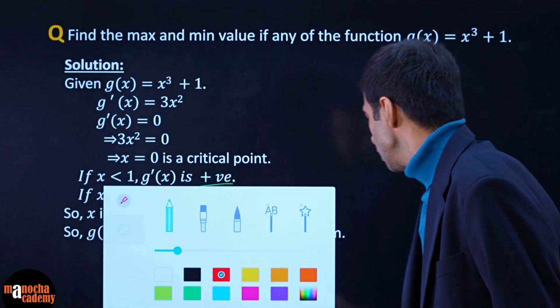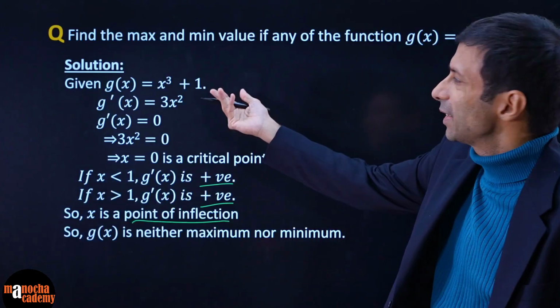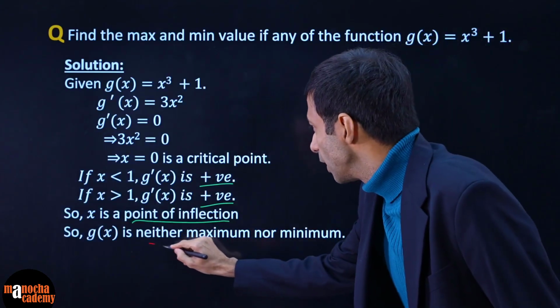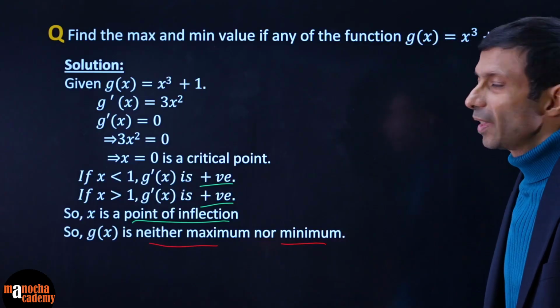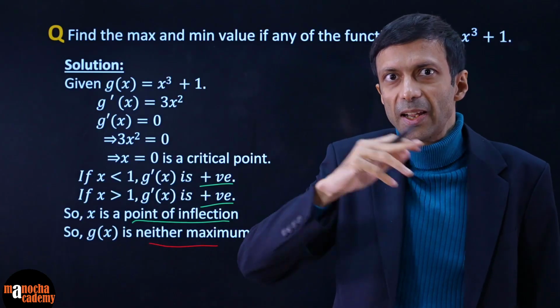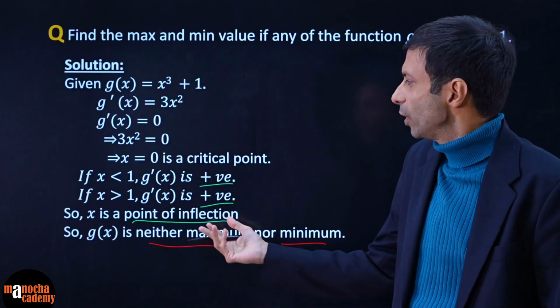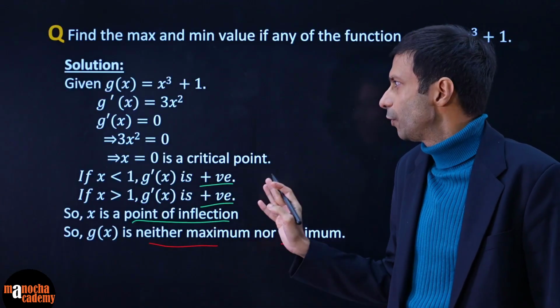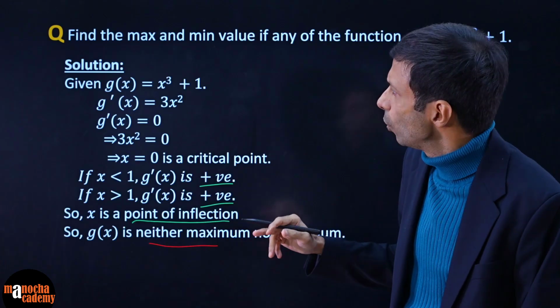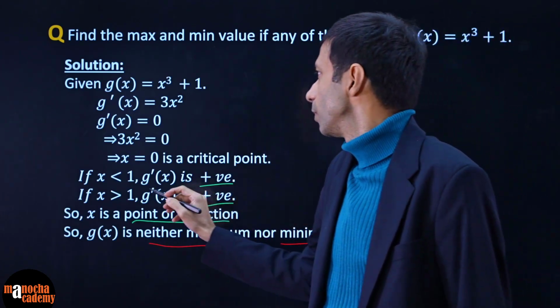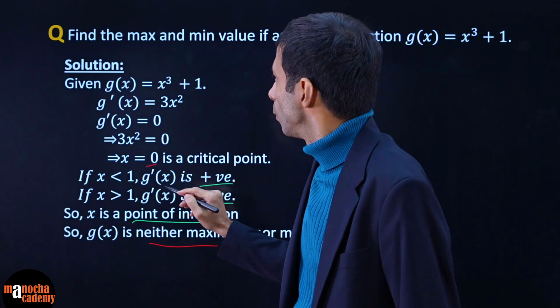We had seen this in x cube, this is only a slightly different thing, x cube plus 1. Again, see, if you are getting the feeling of it, that x cube function was going like that, right? You just add a 1 to it, it will make no difference. Again, you will get another point of inflection, it's only shifted. There it was, I think, at 0. Oh, here also it's at 0, right?